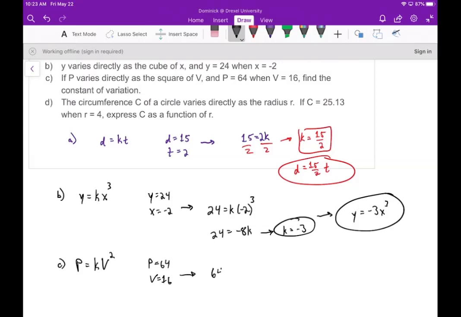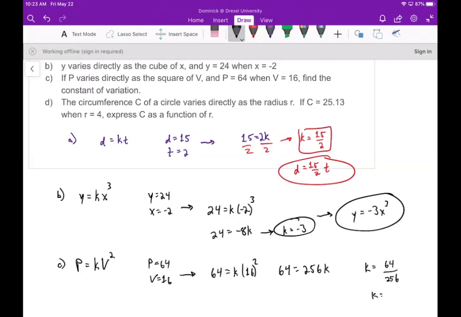So we have that 64 is equal to k times 16 squared. If we square 16, that should give us 256. So 256k.